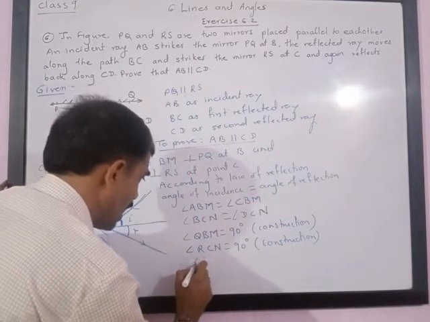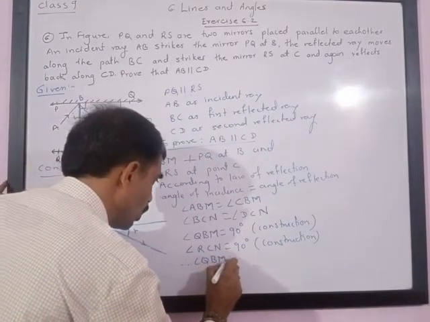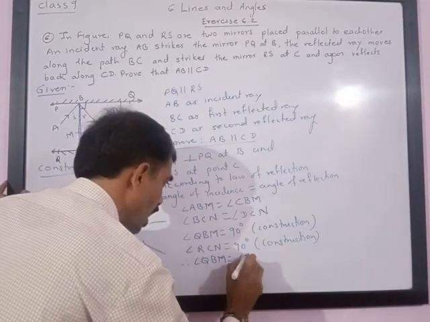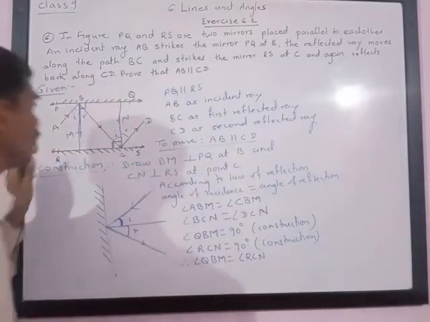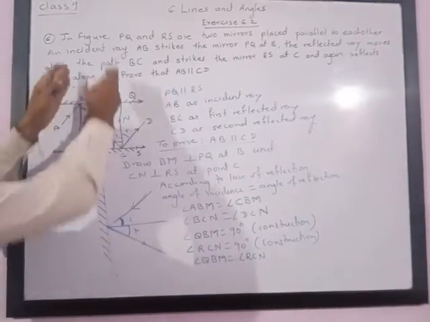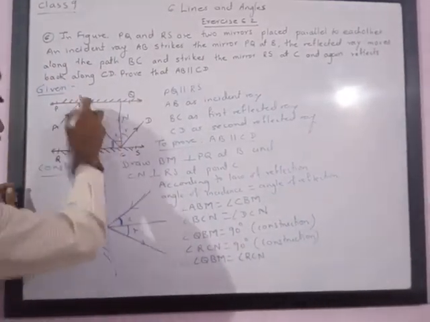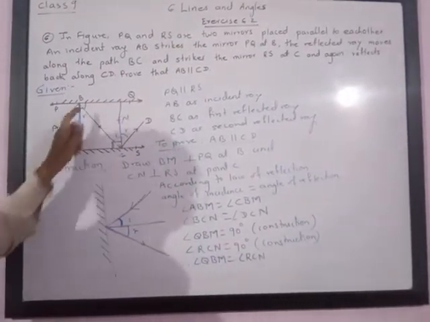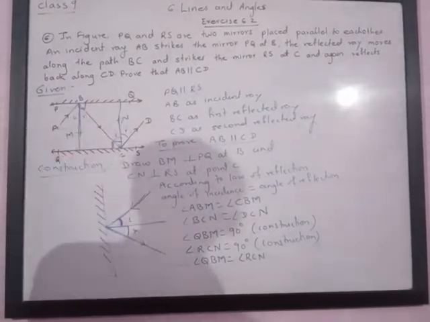Therefore angle QBM is equal to angle RCN. But they form alternate angles. Watch carefully: these two lines form alternate angles, and alternate angles are equal, so these two lines are parallel.